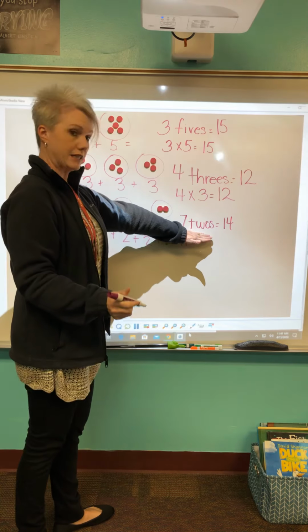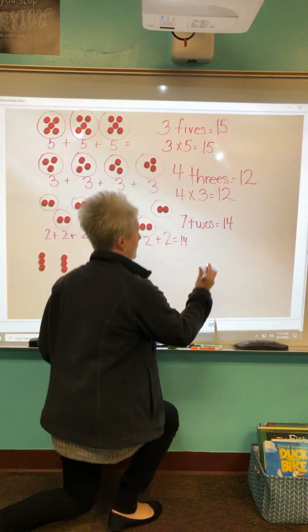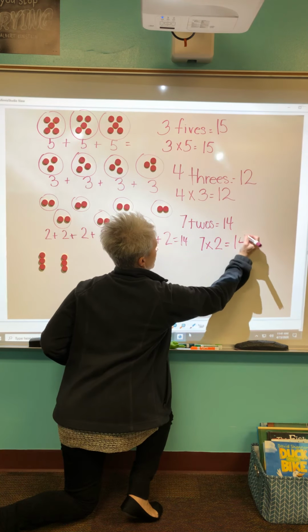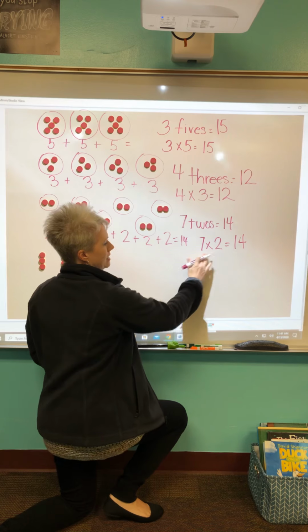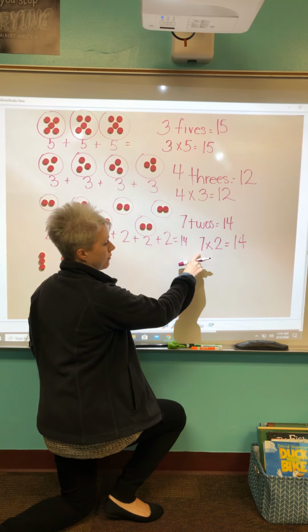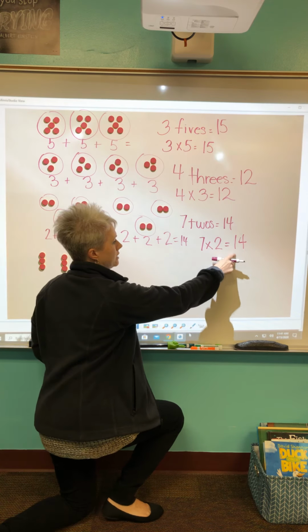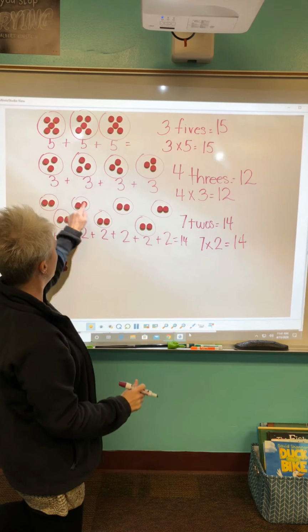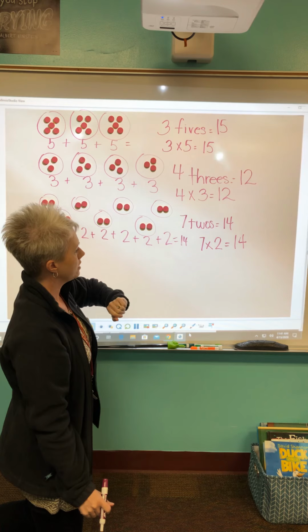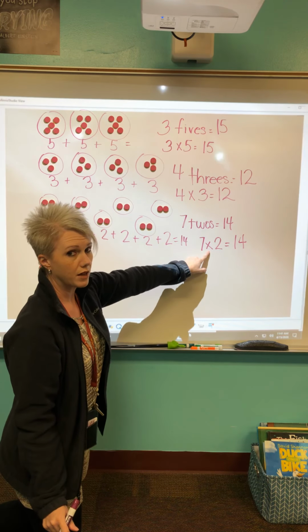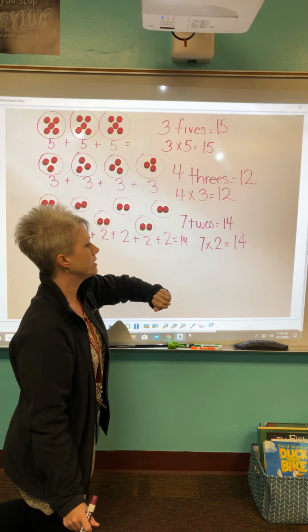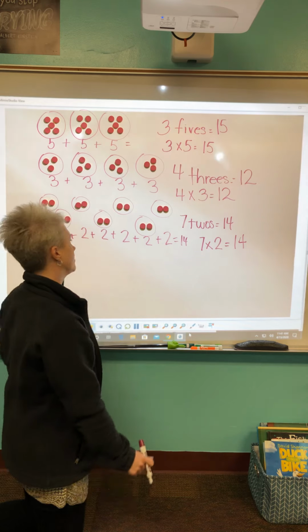Now, this is the same thing as writing 7 times 2 equals 14, because this says 7 times equals groups of. 7 groups of 2 is 14, and I actually have 7 groups of 2, and altogether I have 14. That little x means multiply, and stands for the words groups of. 7 groups of 2 equals 14. 7 times 2 equals 14.